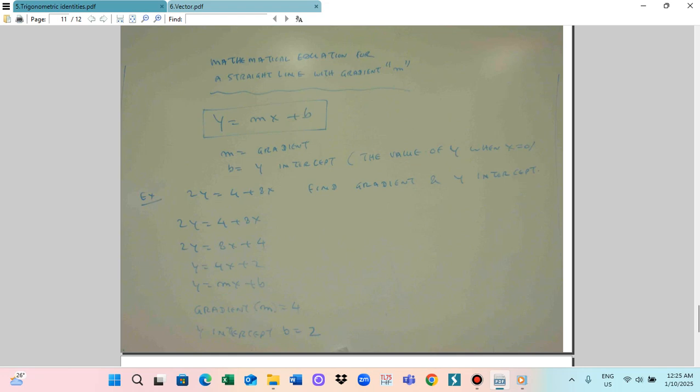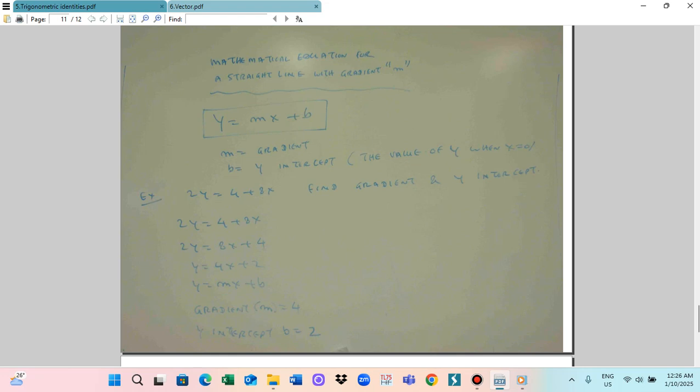In this case, you have to rearrange so that y is alone. So y is equal to 4h plus 2. Compare with y is equal to mh plus b. So the gradient m is equal to 4 and the y-intercept b is equal to 2.